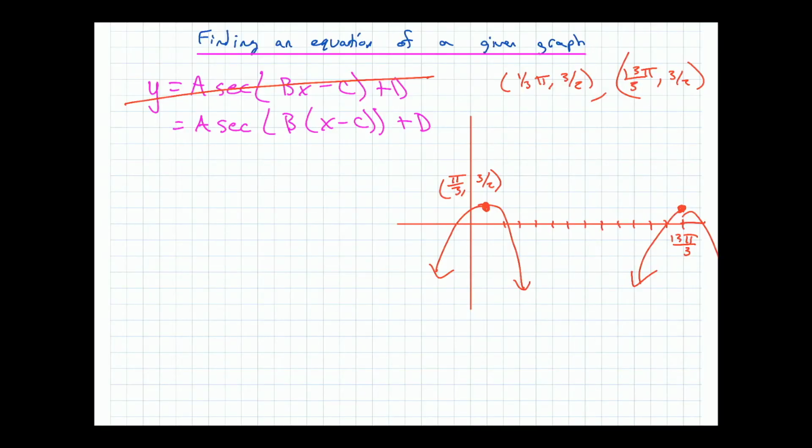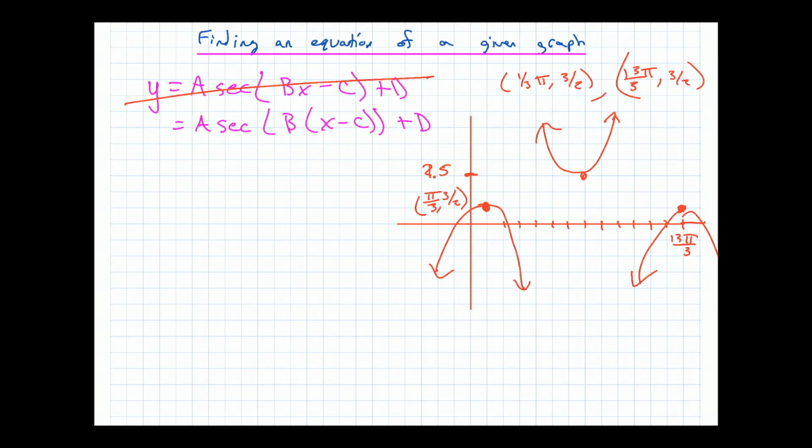So up at 2.5, and this is supposed to be 3/2. I'm not going to draw this to scale. Somewhere in there, in the middle, one goes up like that. I'm not going to draw it very well, but that's what we have.